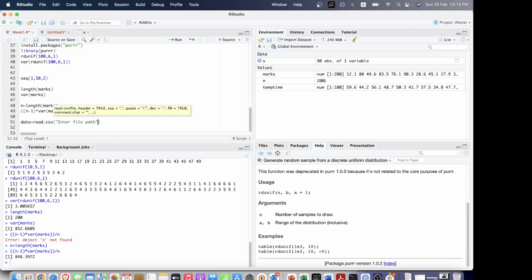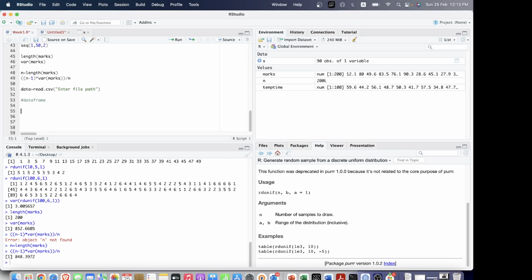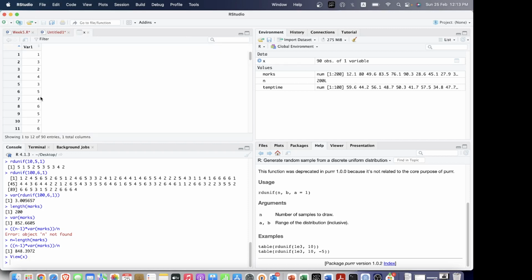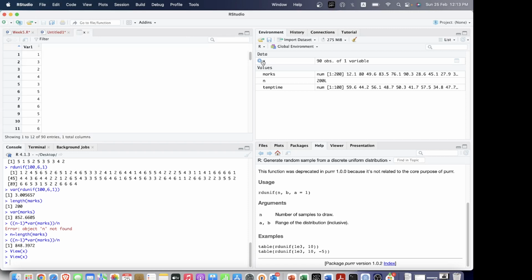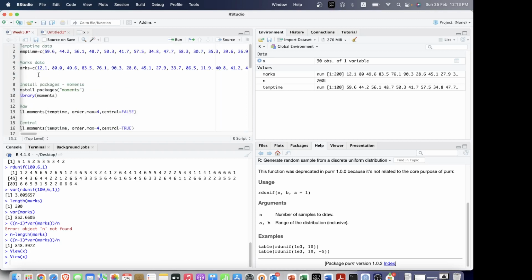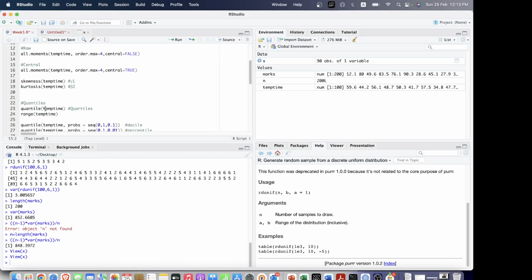So this will save it as a data frame, with different columns. And then if you have to subset this data frame, I want to subset, let's say, x.